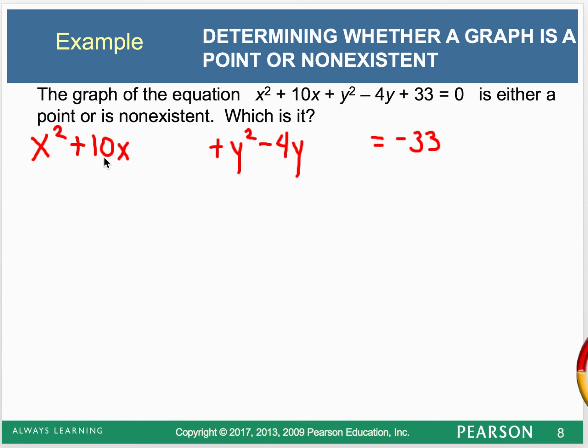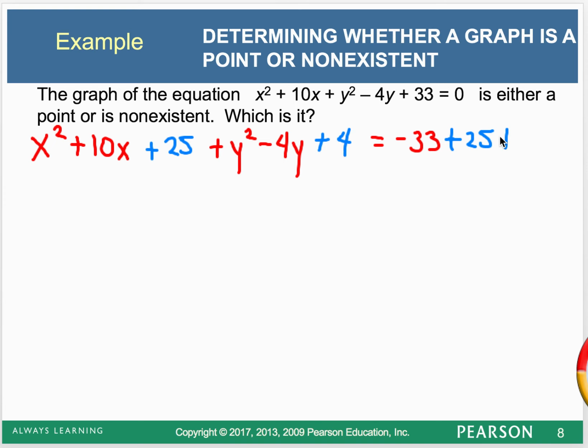Okay, leading coefficients are already 1, so I'm good with that. So to complete the square, I take half of 10, which is 5, and 5 squared is 25. Let's add that to both sides. Half of 4 is 2, and 2 squared is 4.